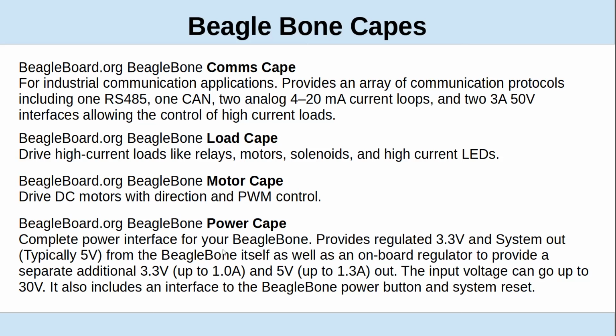And I think that's what this one does, is some of the level conversion, so you can interface it to 5 volts easier than having to do separate little level converters. It says it can handle up to 30-volt input. Probably gets a little bit warmer.